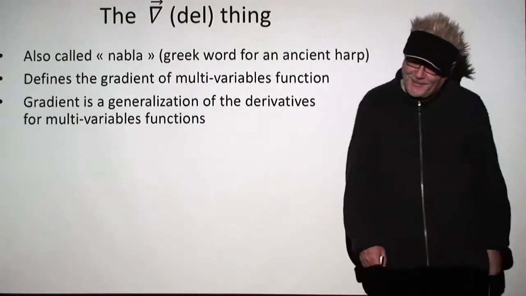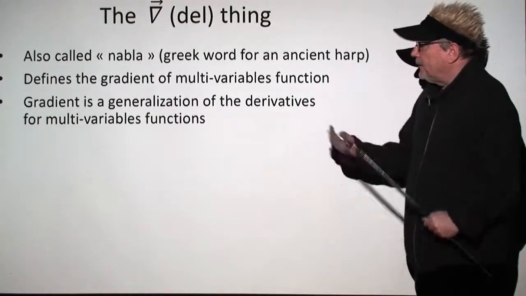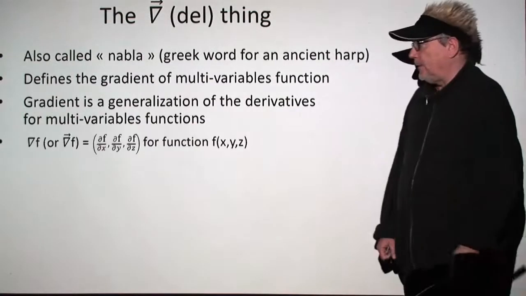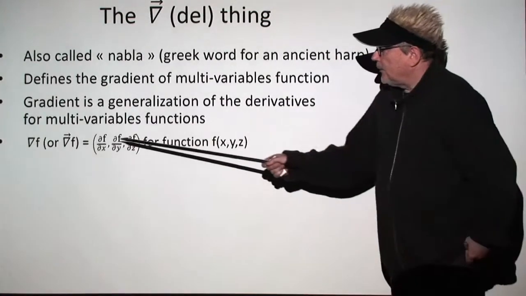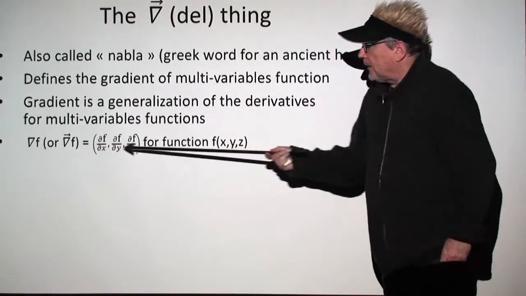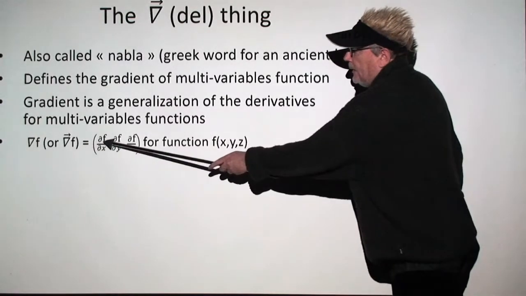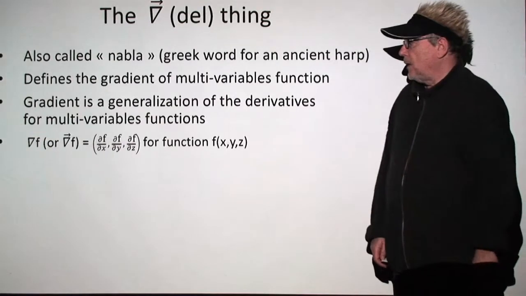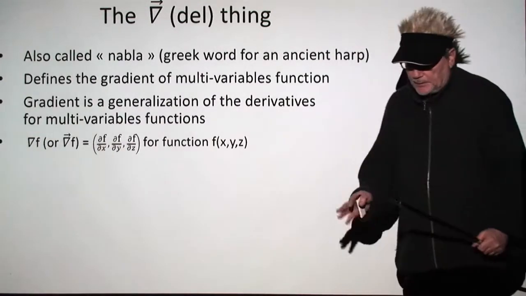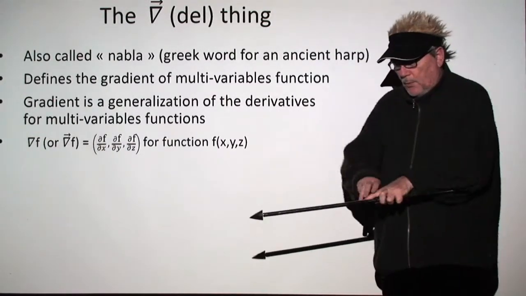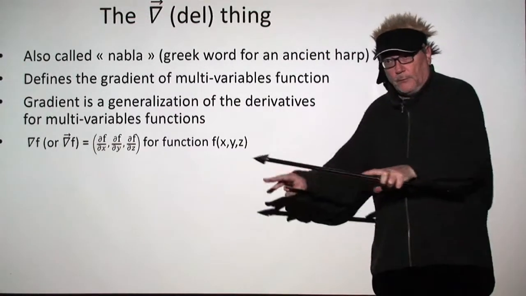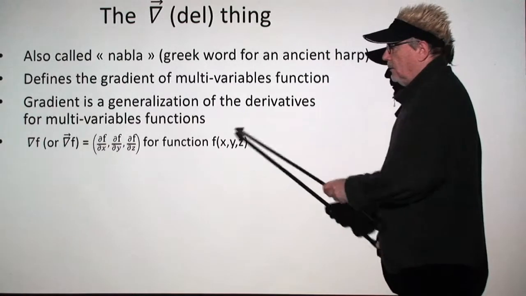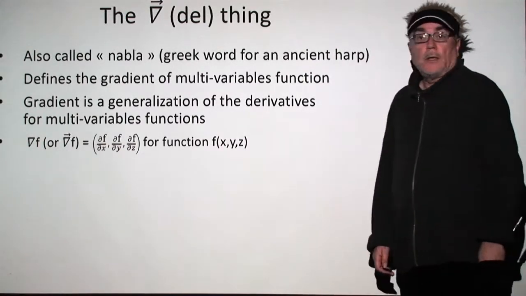So what is a gradient? Good question. Well, it's kind of a generalization of the derivatives. We've just seen the partial derivatives. Well, the gradient is just a sort of vector whose coordinates are the partial derivatives of the function. So that's called a gradient. Basically, it gives you an idea of how a multivariable function evolves depending on different variables.